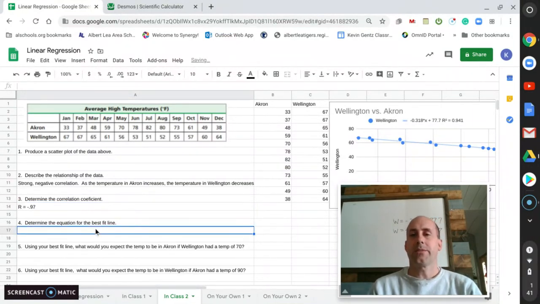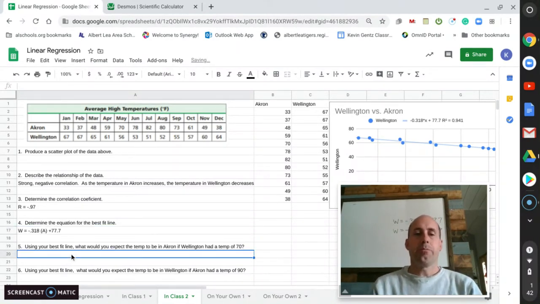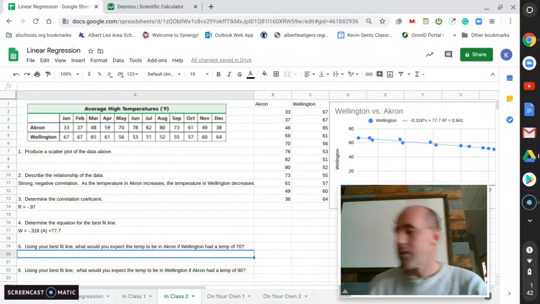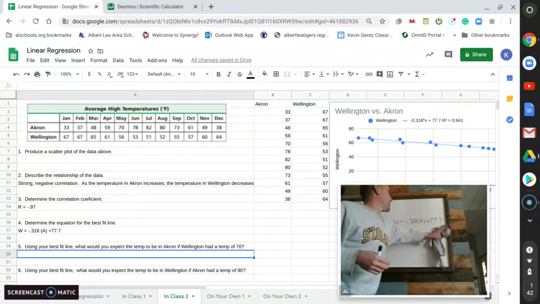Determine the equation for the best fit line. Wellington, or W, is equal to negative 0.318 times x, which in this situation is Akron, plus 77.7. It says, using your best fit line, what would you expect the temperature to be in Akron if Wellington had a temp of 70? So I'm going to go to my dry erase board up here.